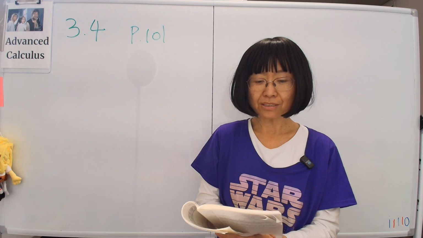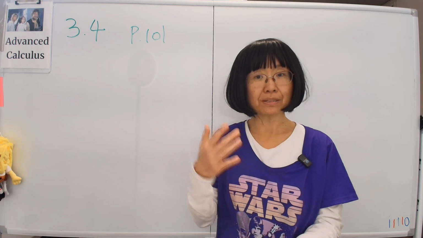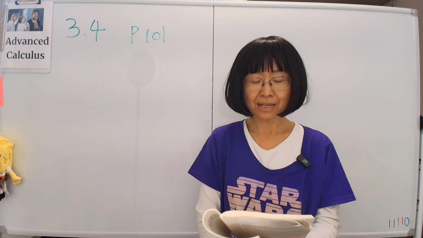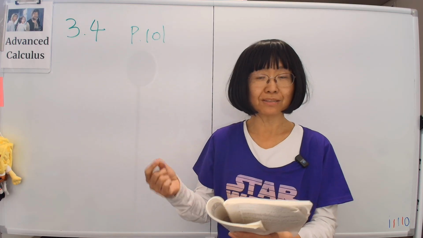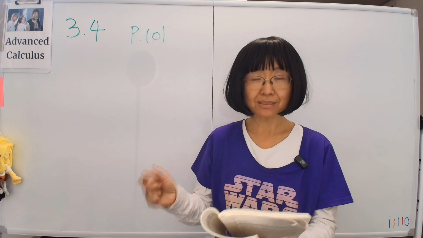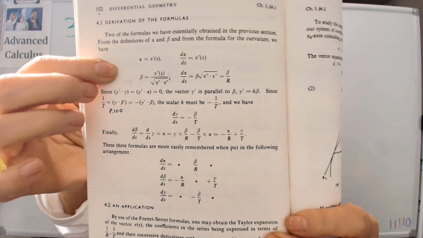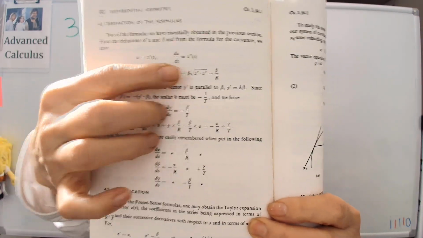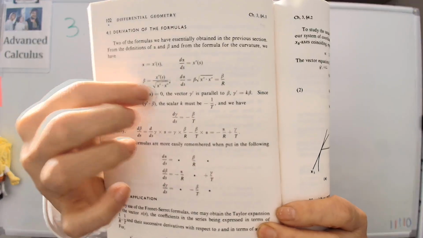Then beta is defined as x double prime divided by its magnitude. And the curvature is defined as 1 over r, which is that magnitude. With all that information together, if you stare at this for a little bit, you realize that all this stuff is true, because these other three are just definitions.